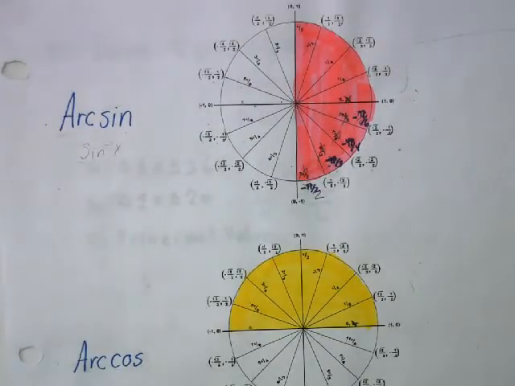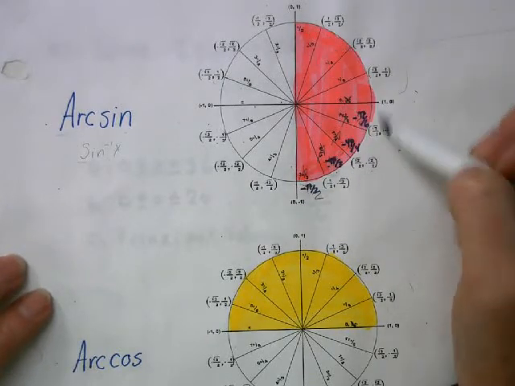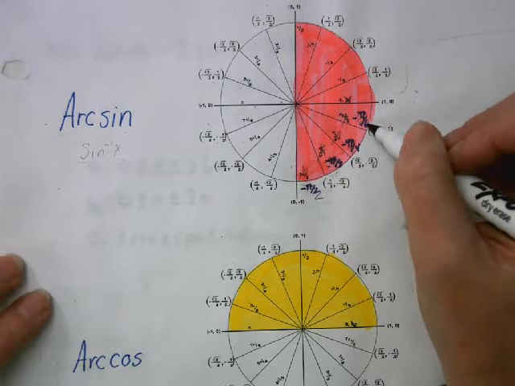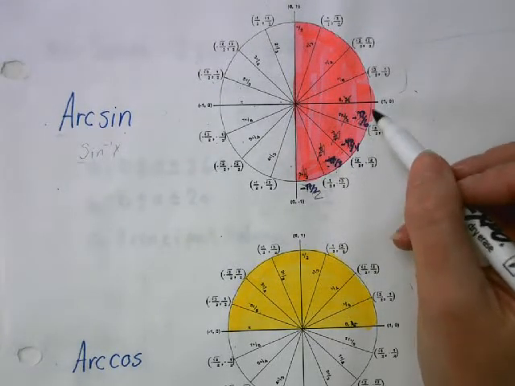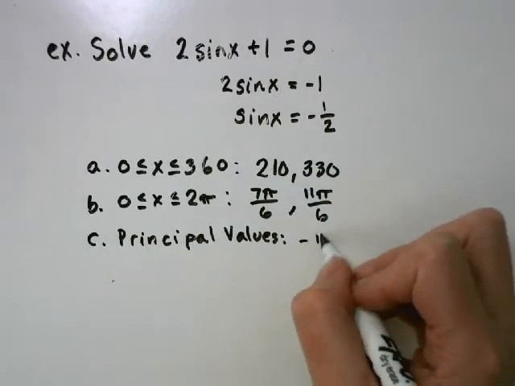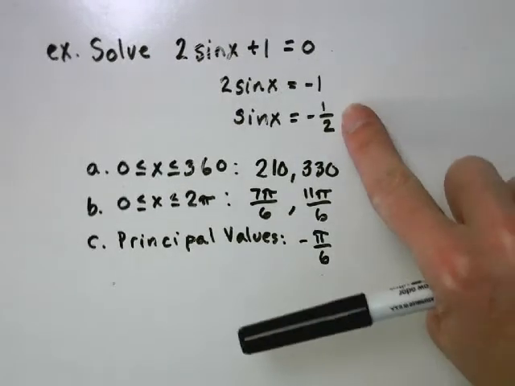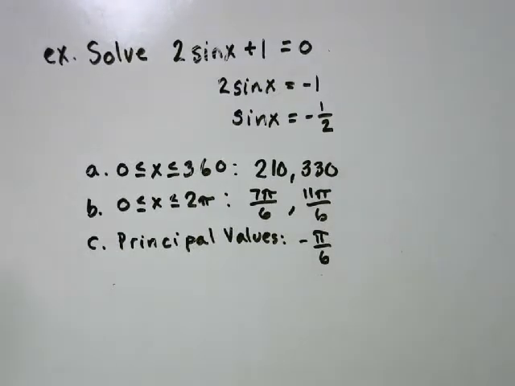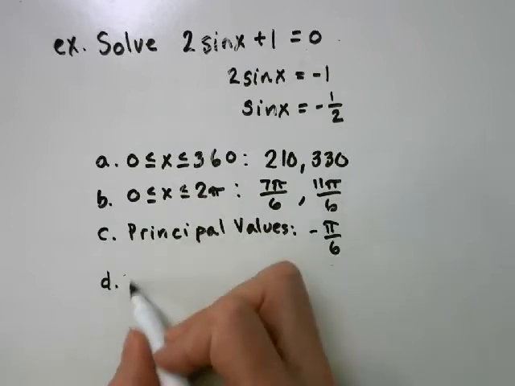So for sine, that means we're looking for an angle between negative pi over 2 and pi over 2. So it's going to be that same location that we were looking at, 11 pi over 6, but rather than calling it 11 pi over 6, it's going to be negative pi over 6, because that's the one location between negative pi over 2 and pi over 2 where sine is equal to negative 1/2.